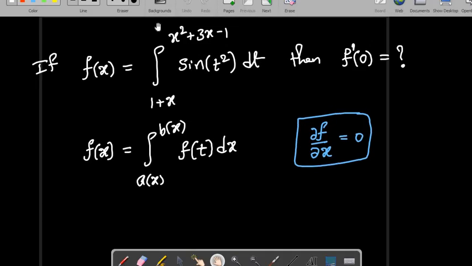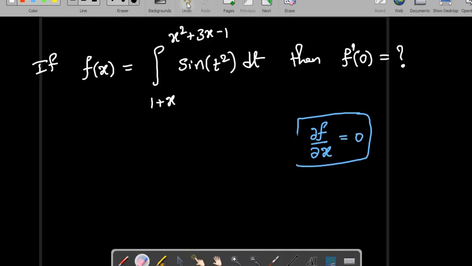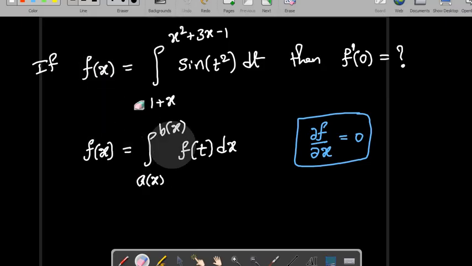Now let's try to identify. I think I wrote f of x here, but I should write this one as g of t, not f. This f and this one may not be the same, they can be different.